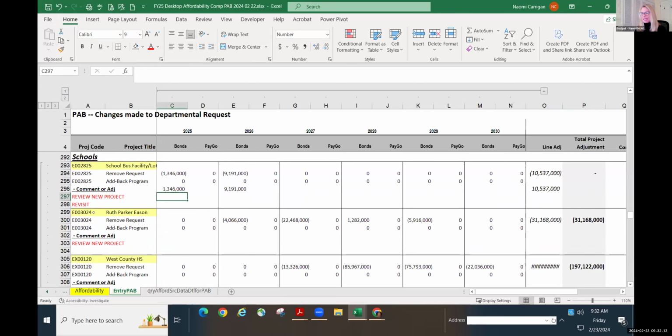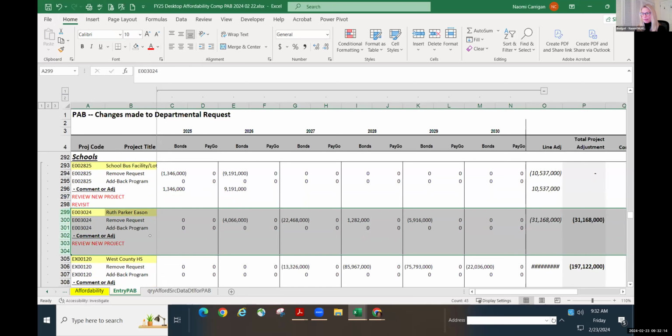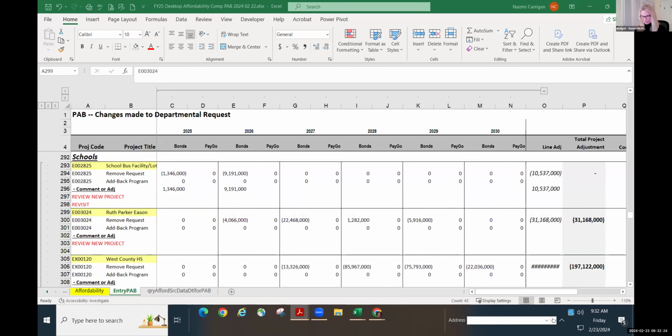The next capital project is actually a new request. It's Ruth Parker Eason. They are looking to secure about $31 million starting in fiscal year 25. Hey, I see 0, 0 in the out years. Oh, I see. So this is all new. Yeah, this is a new capital project.